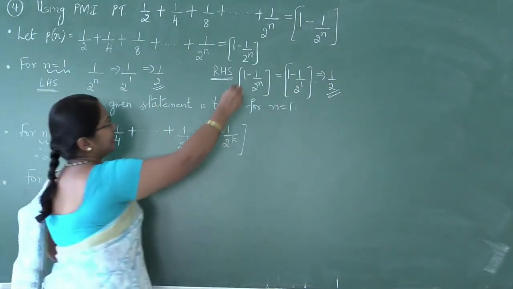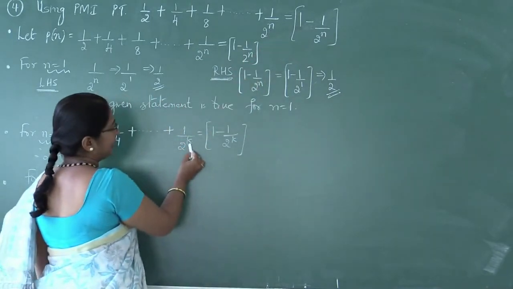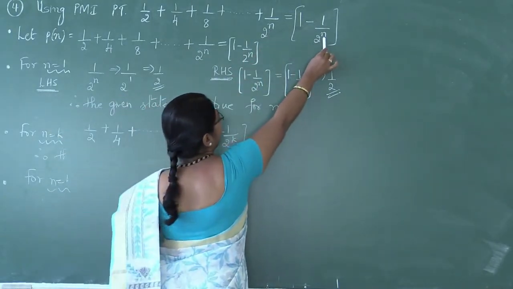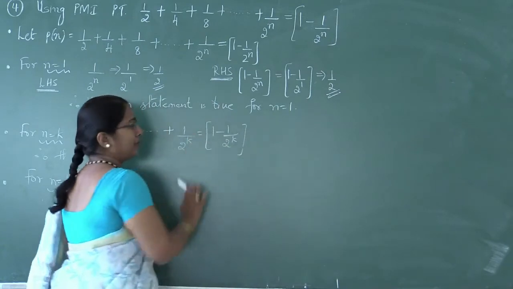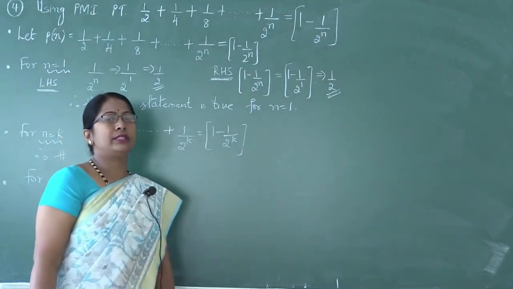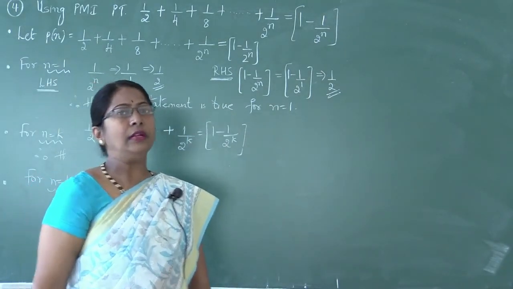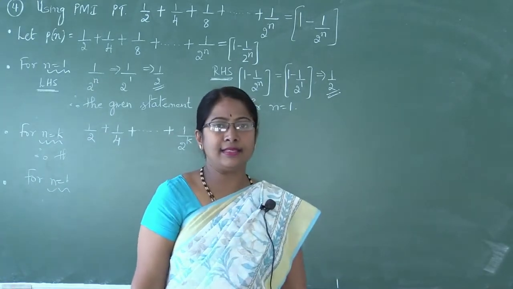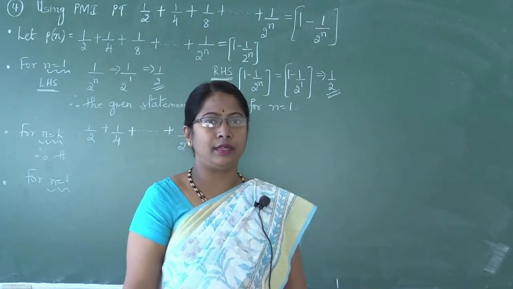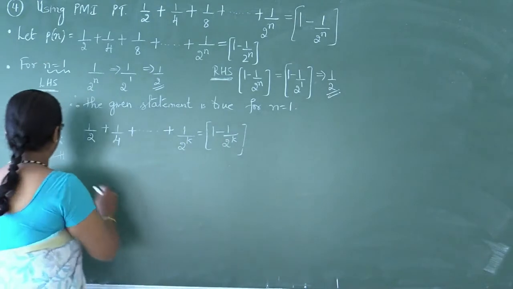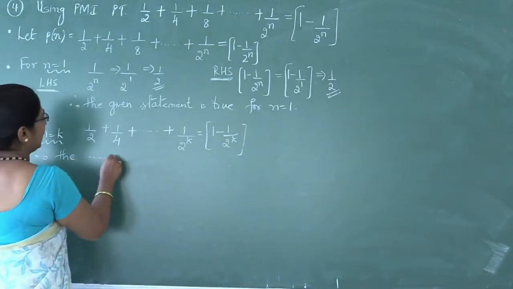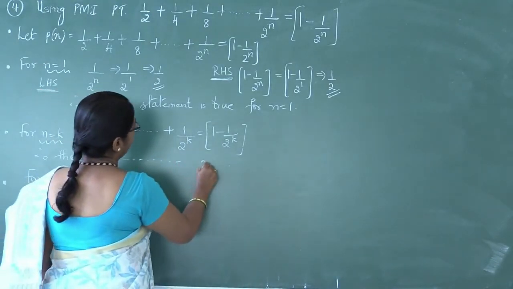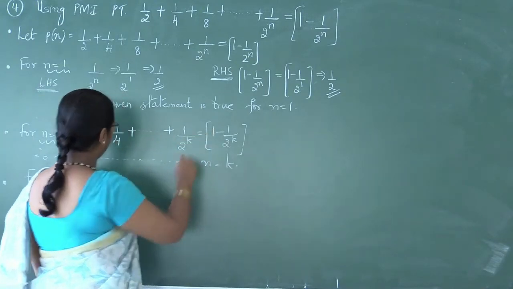I have replaced the nth term of the LHS by k, as well as the nth term of RHS by k. And what is the conclusion here? Therefore, the given statement is true for n equal to k.